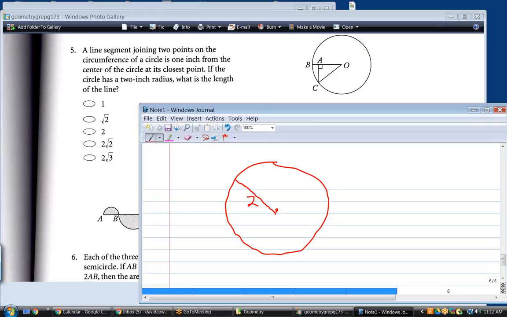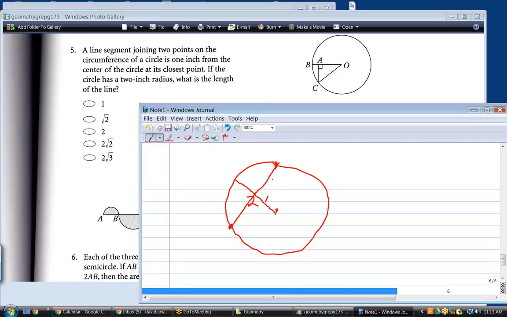So they're saying that if I have a line that goes from that point of the circle to that point of the circle, it'll be 1 inch from the center of the circle. And in fact, what is the length of this line?